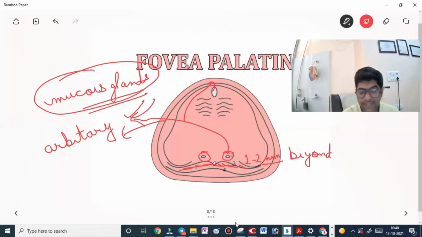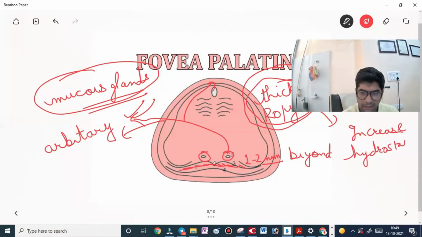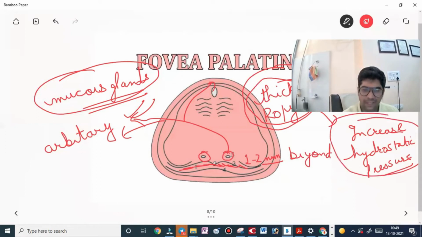So remember, in a patient with thick and ropey saliva, the fovea palatini should not be covered under the denture, as the thick ropey saliva would increase the hydrostatic pressure and it will cause the displacement of the denture.